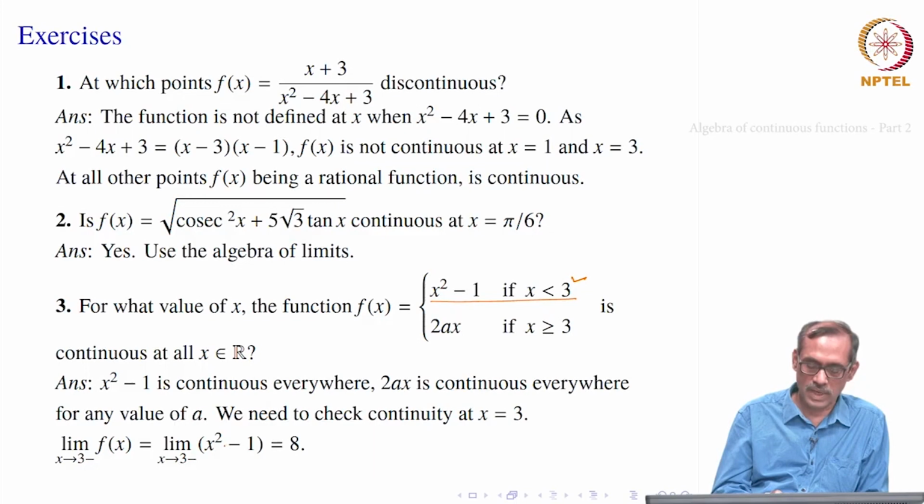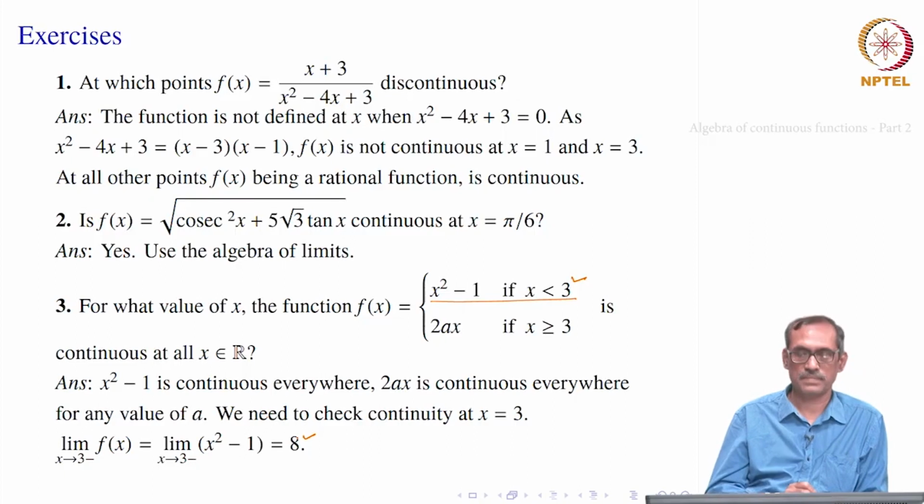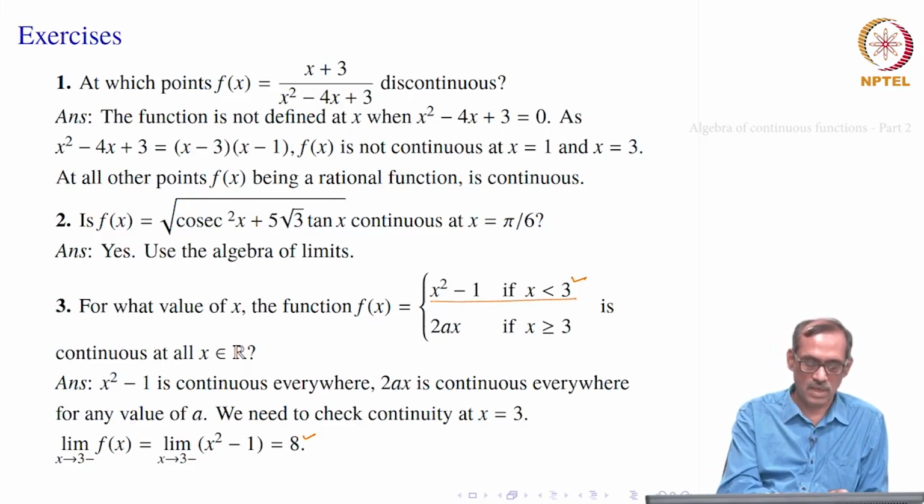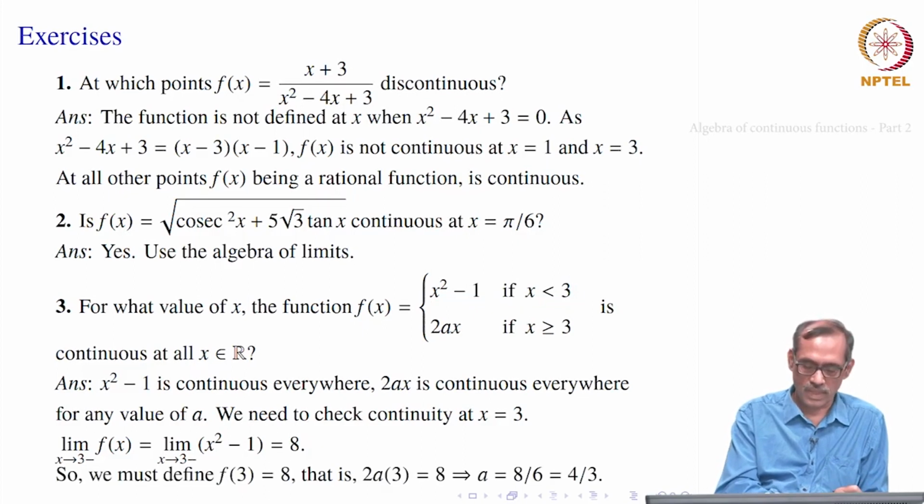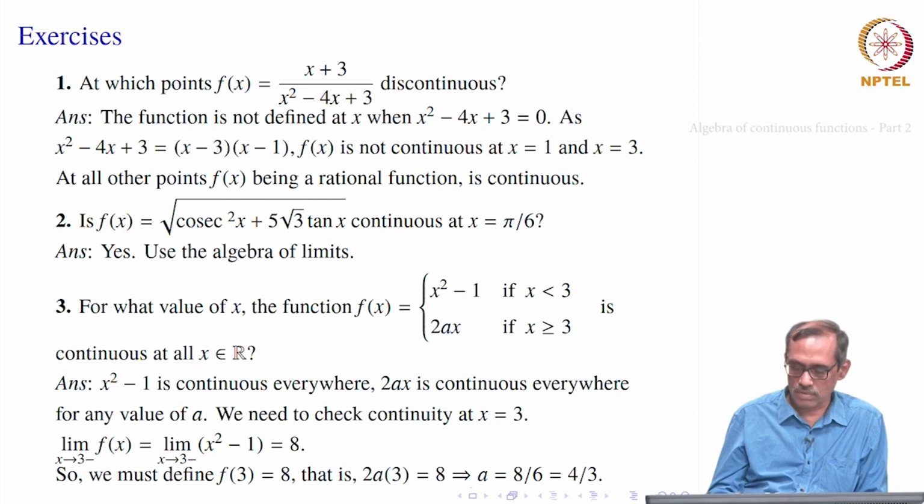So, the functional value is x square minus 1, with x remaining less than 3. So, its limit as x goes to 3 minus is 3 square, 9 minus 1, which is 8. This is the limit of the function f on the left side of 3, and that should be equal to 6a.